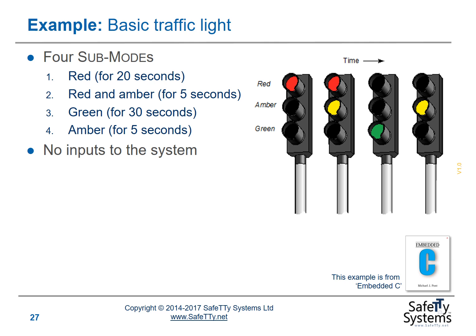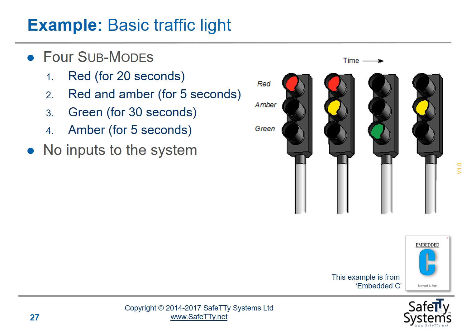So this example is taken from the book Embedded C. We have 4 submodes in the design. Red, we stay in this submode for 20 seconds. Red and amber, we stay in this submode for 5 seconds. Green, we stay in this submode for 30 seconds.